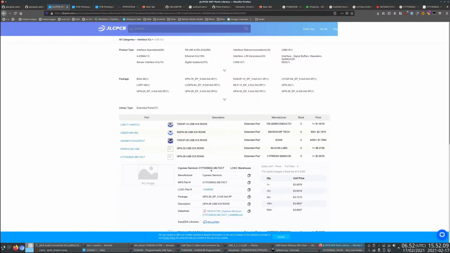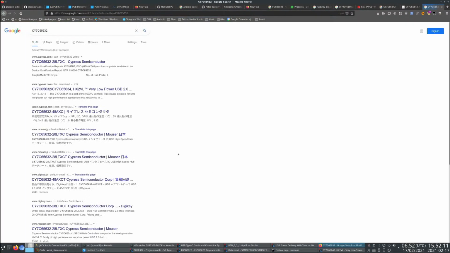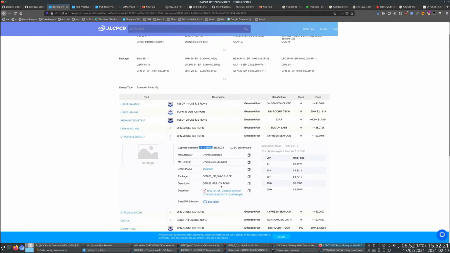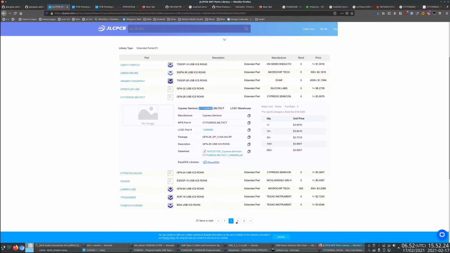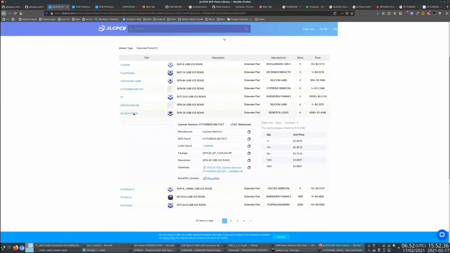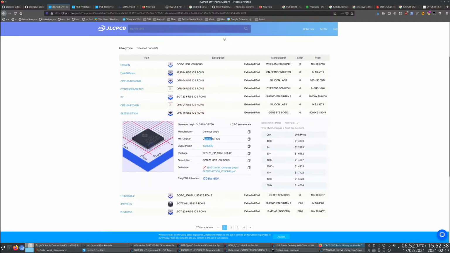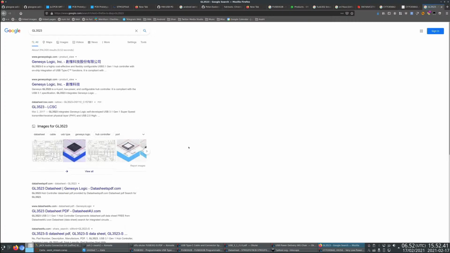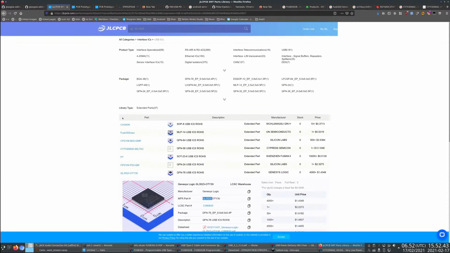What's the 32? That's a 2.0 interface? Yeah, it's just interface. It's not helpful that they don't actually give you anything here, really. As a controller. These are probably just controllers.